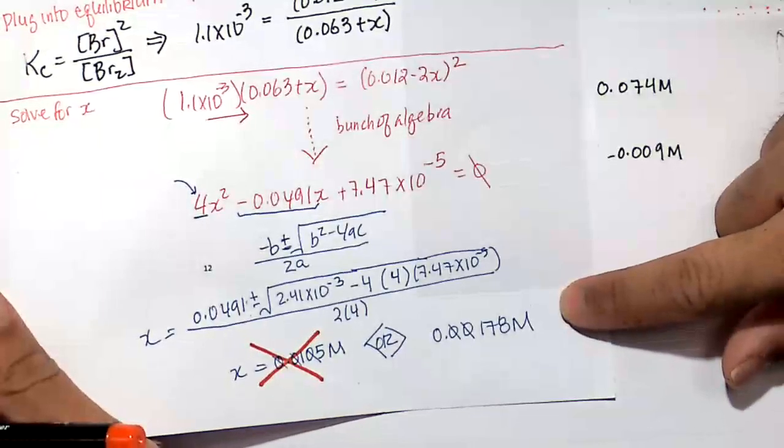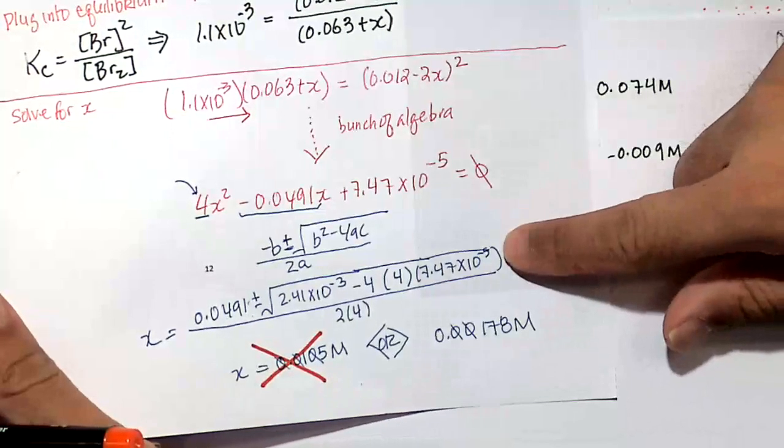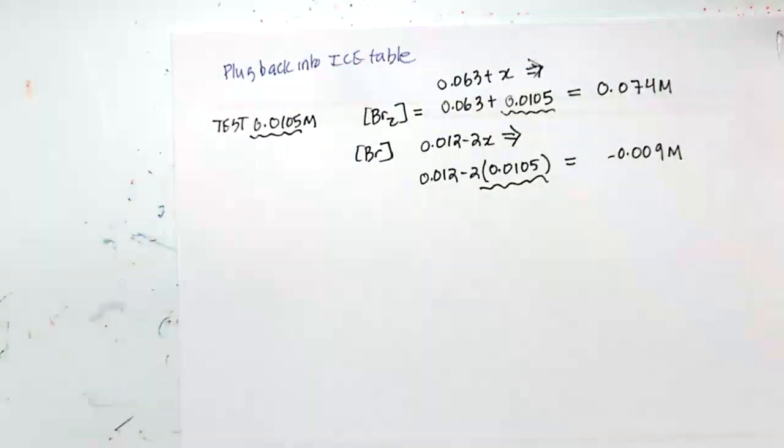So now we'll test the value 0.00178, which we got as our second value using the quadratic.